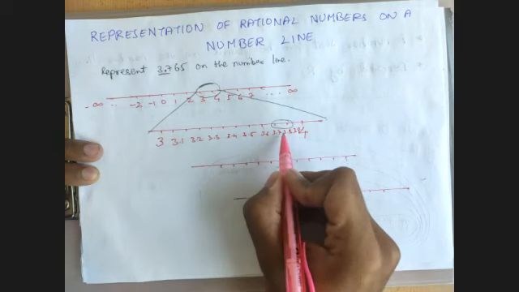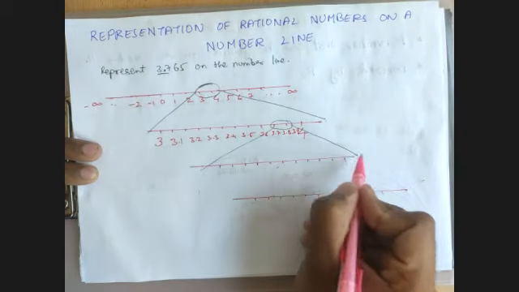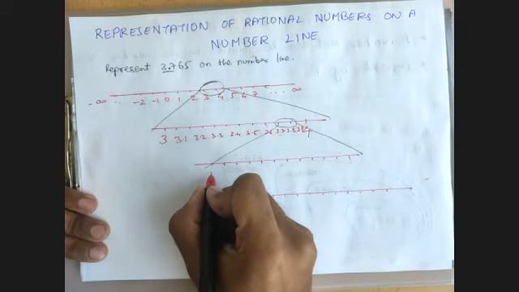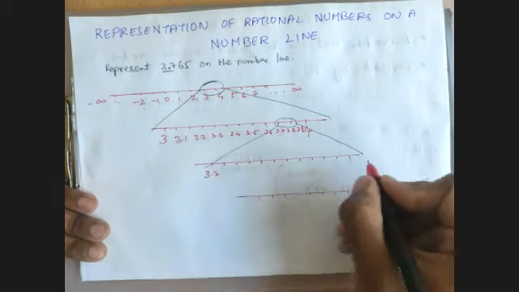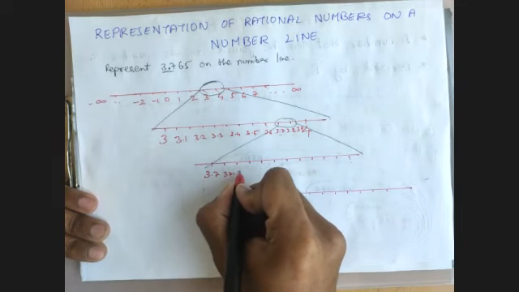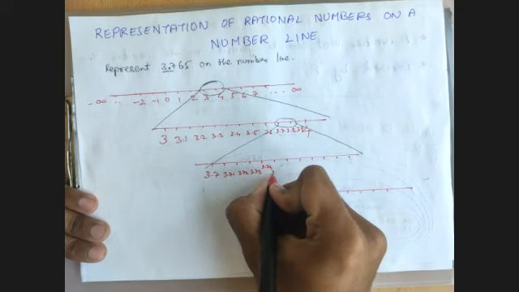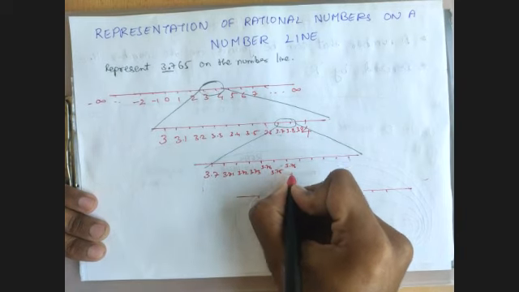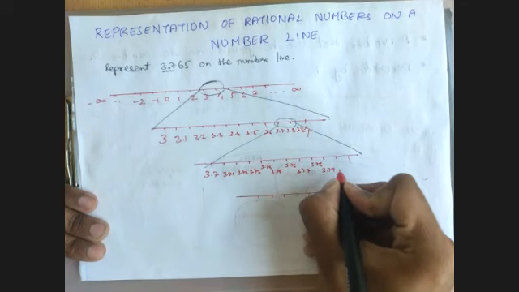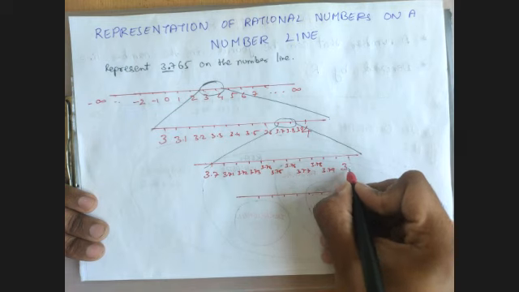So I zoom this part. Let us say this is 3.7. So it would be 3.71, 3.72, 3.73, 3.74, 3.75, 3.76, 3.77, 3.78, 3.79, and then I would get 3.8.